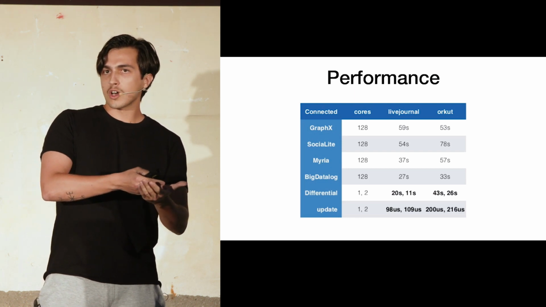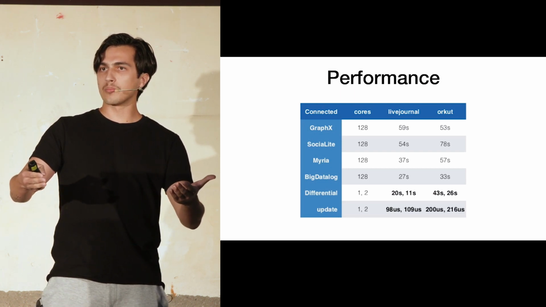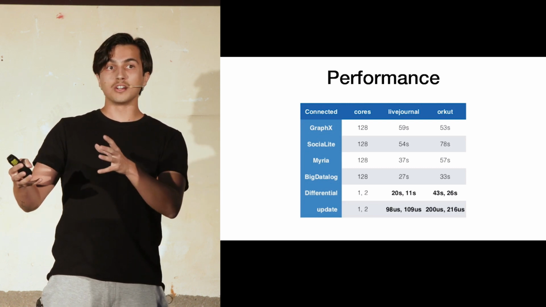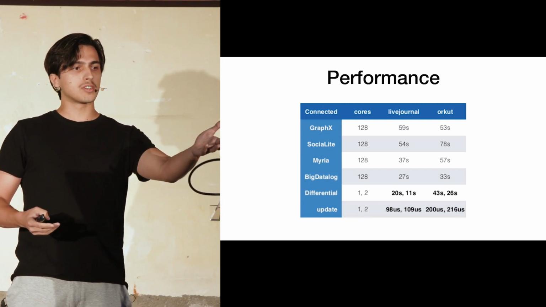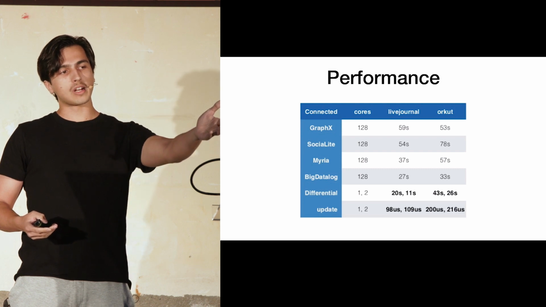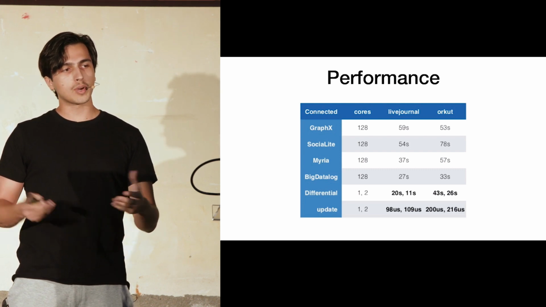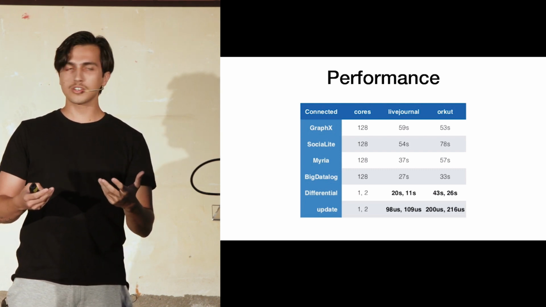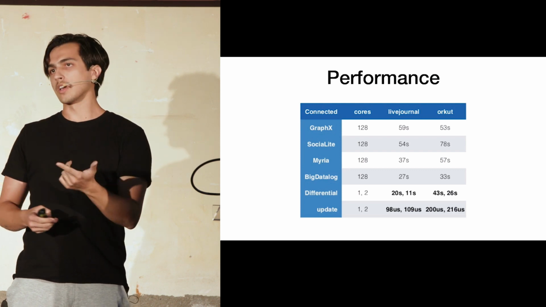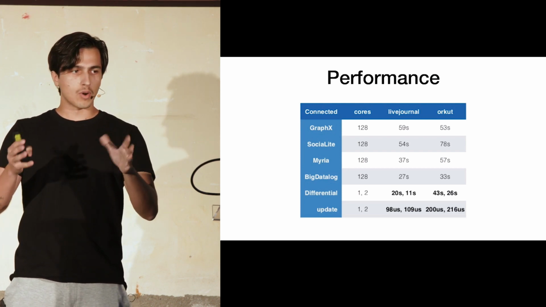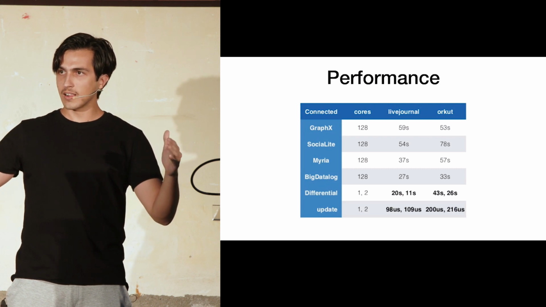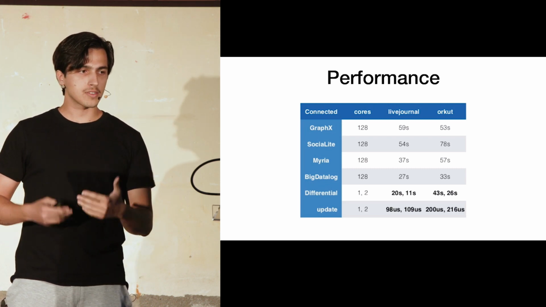Still, differential, as we saw, we can simply scale the computation by distributing our data flow onto multiple workers. So as you can see there, for example, for the LiveJournal graph, differential took 20 seconds to compute the initial result with a single core. And as we go to 2 cores, this roughly cuts in half. So it does scale as we add more threads and machines.